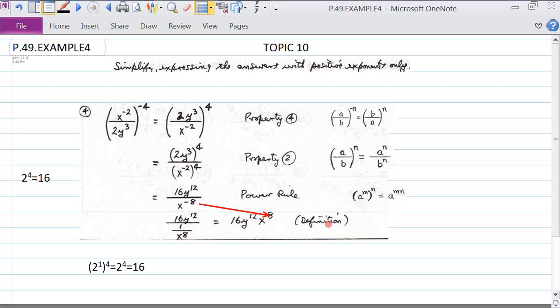That's all that's happened by the definition. Okay, so these are the 4 examples, and the best thing to do is just to try these on your own without looking at the procedure and see if you can come out with the answer.